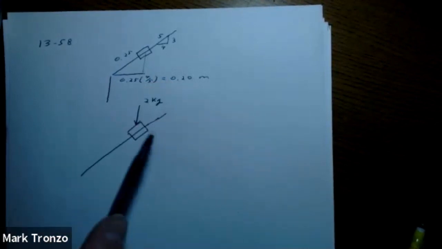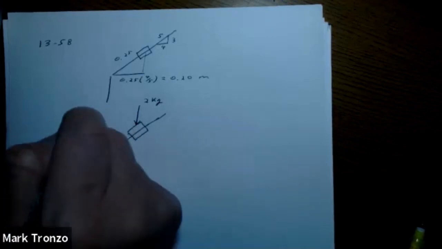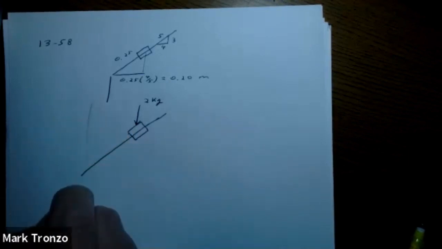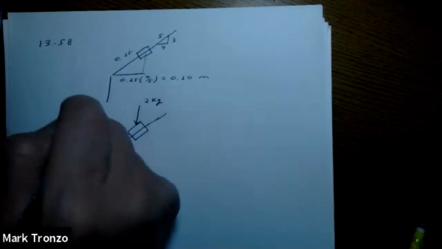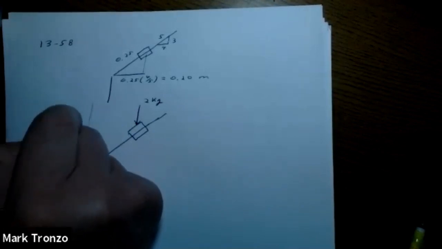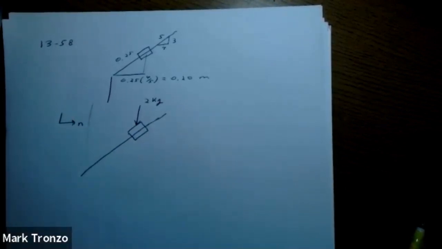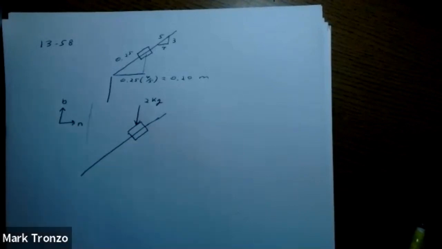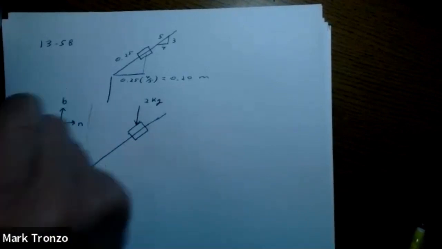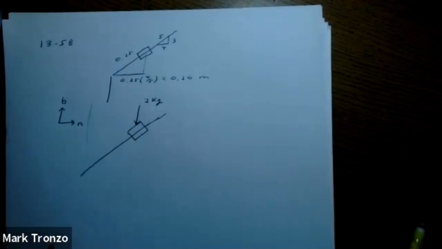And since it's spinning around, say, over the center, over here somewhere, we can think of this as the normal direction. And this is what we might call the binormal direction, since it's spinning around this way.